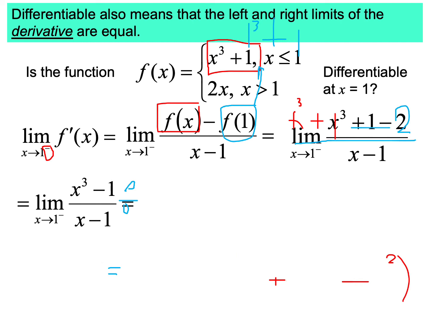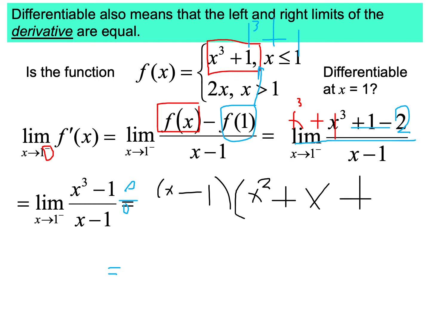Now, how can I do this? I will say that this one will be x minus 1, so this is a cubic here. Then multiplied by x square, opposite sign, which is a plus, 1 times x, which is x, and always plus 1.